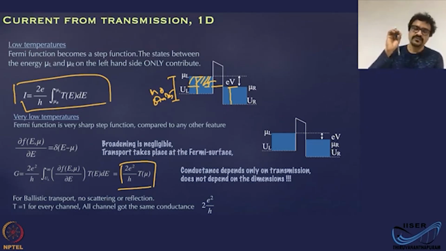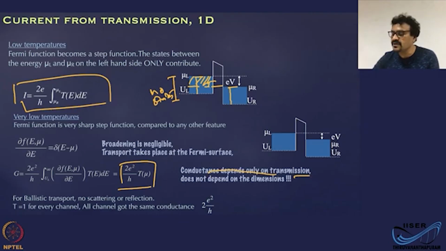And for ballistic transport, as we have seen for the quantum point contact or atomic point contact, each of these channels is reflectionless. There is no scattering inside the channel or inside the device. That means the transmission coefficient is 1 for every channel. Every channel is fully transmitting. There is no reflection from that channel. What that means is all the channels have the same conductance, because conductance depends only on the transmission.